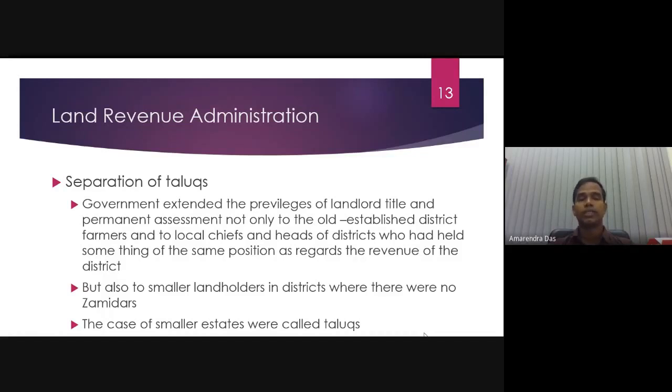Basically, the smaller estates were called taluks. The district farmers had bigger farms, 20,000 acres or more, and smaller estates were given to the talukdars. The land size was different under different administrations.